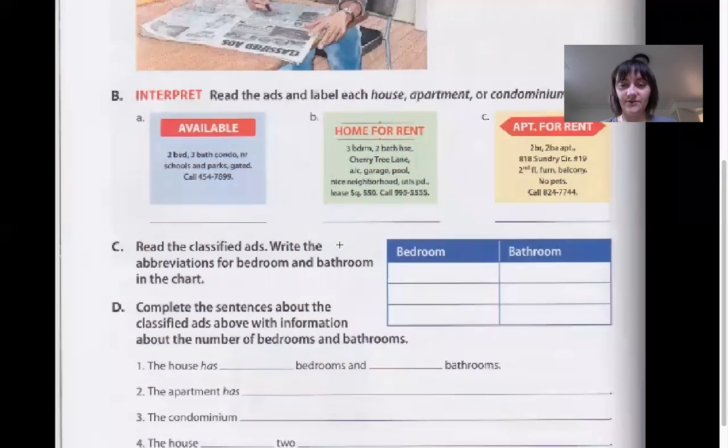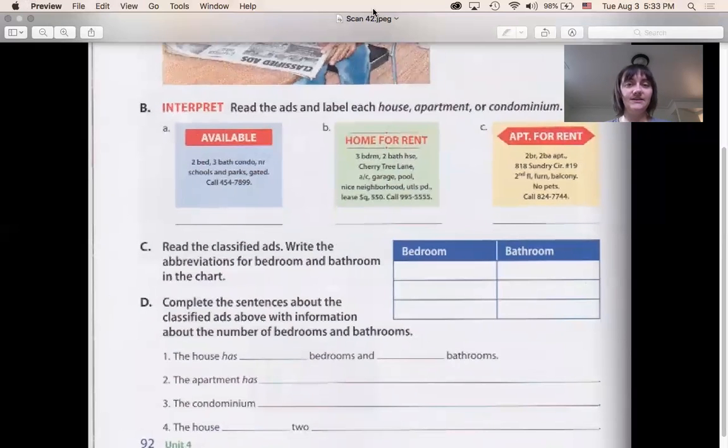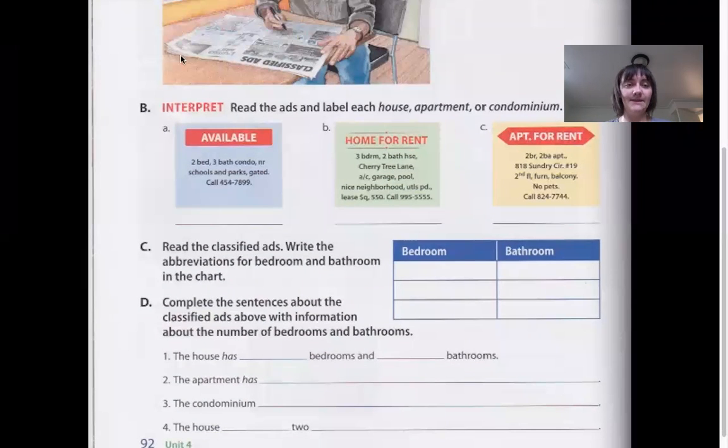Okay, there we go. So let's do the first one again. It says bed, and the other one is bath. Okay, this one says 3 BDRM. BDRM means bedroom. So in that one, the abbreviation for bedroom is BDRM.